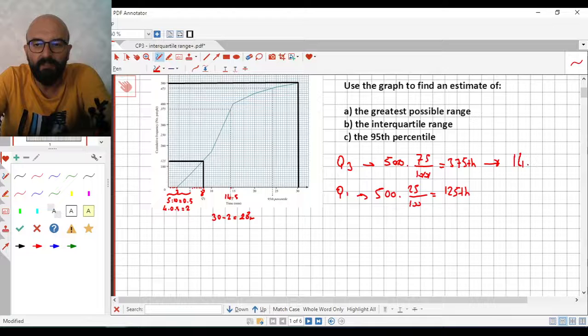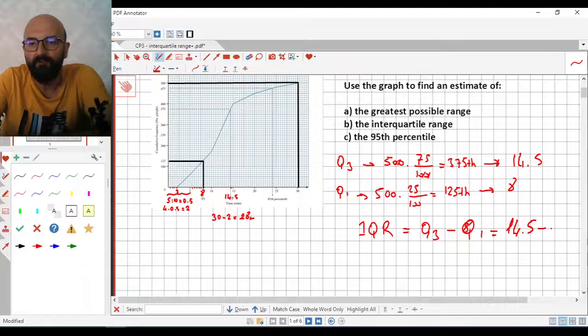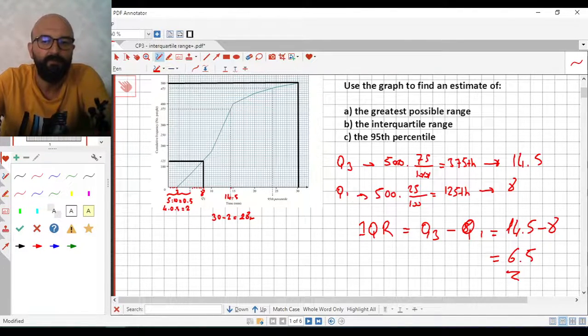Q3 is 14.5, Q1 is 8, and the interquartile range is Q3 minus Q1, 14.5 minus 8, which is 6.5.